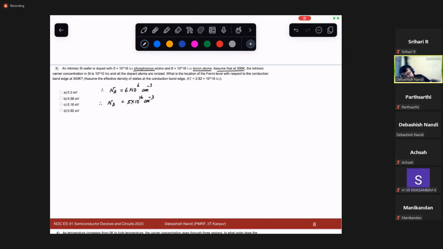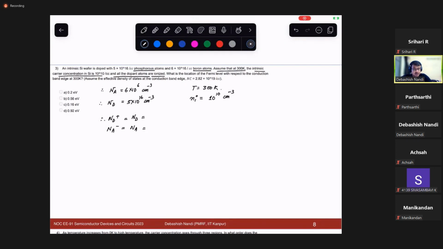Assume that T is given as 300 Kelvin. The intrinsic carrier concentration Ni is given as 10 raised to 10. And all the dopant atoms are ionized. That means your Nd plus and Na minus are the same as Nd and Na. It is not always true.